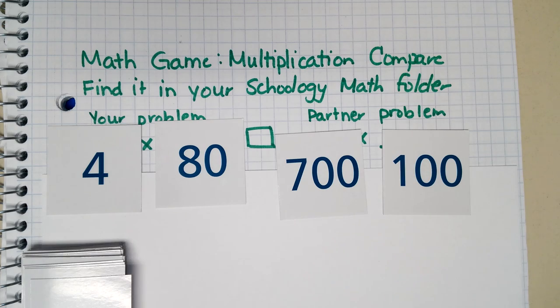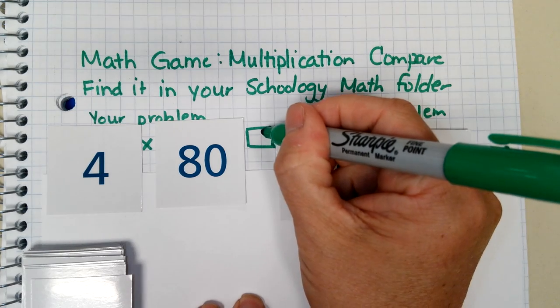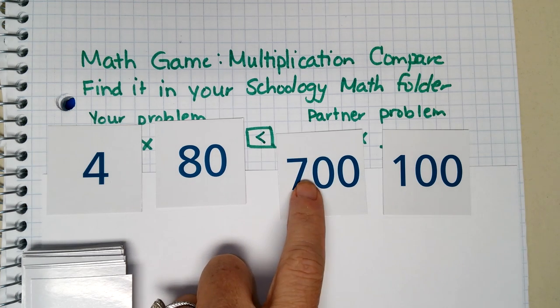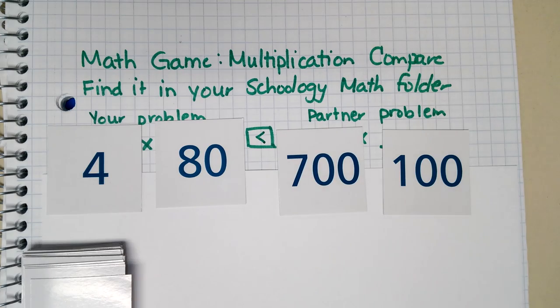So what I'm going to do is put in an alligator mouth. Remember, opening toward the greater. You might have heard before in the lower grades that the alligator is going to eat the larger number. So this one's greater.